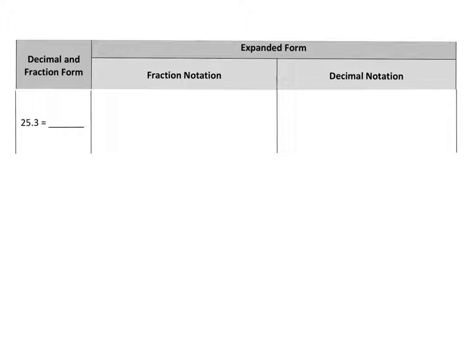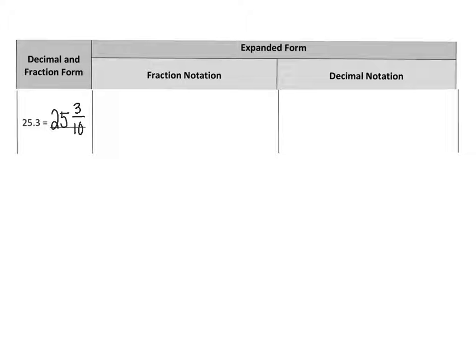All right, now we're going to take the decimal and fraction form, and 25 and 3/10 is equivalent to what? A fraction, or we say mixed number. So 25 and 3/10, because the 3 is in the tenths place. But now we actually have to do this in fraction notation by breaking this number up.